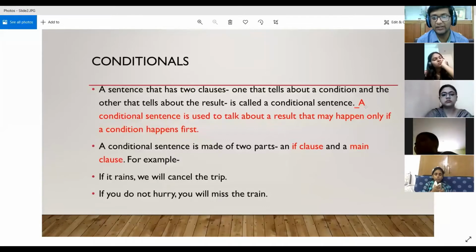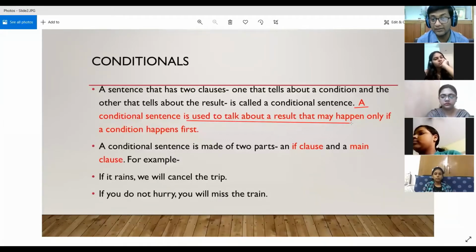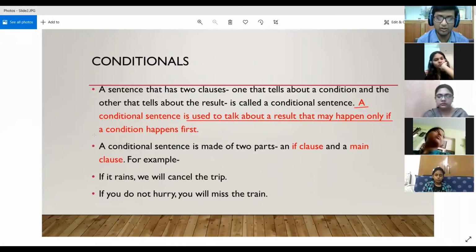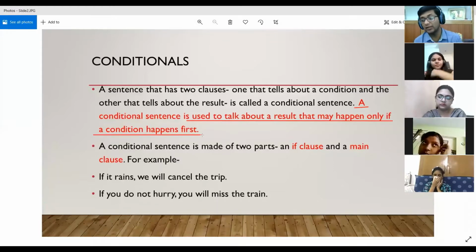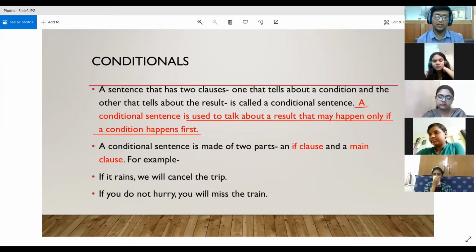A conditional sentence is a sentence used to talk about a result that may happen only if a condition happens first. So a particular condition should occur, then only the result of that situation is going to happen. We are going to see with the help of examples, so you will better understand the concept.